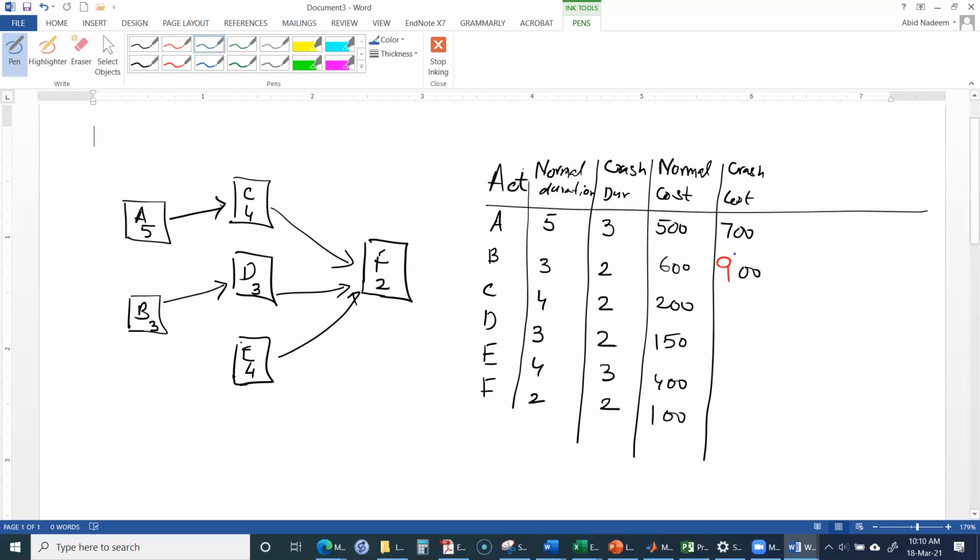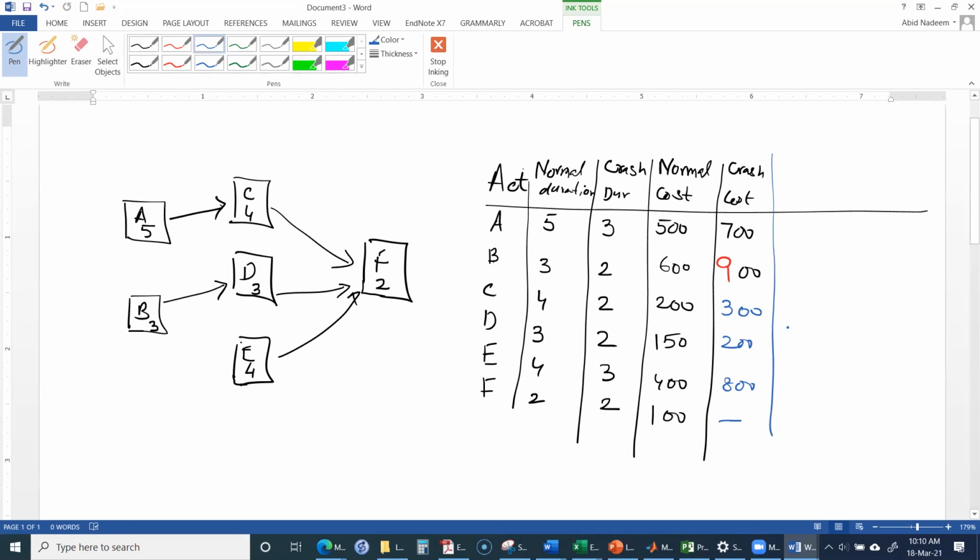Anyway, I don't know, because I'm just taking data from the back of my mind, so some of the data may not feel very appropriate. So it will be 300, maybe 200, and then say 800, and F we cannot crash, so its crash cost is not applicable.